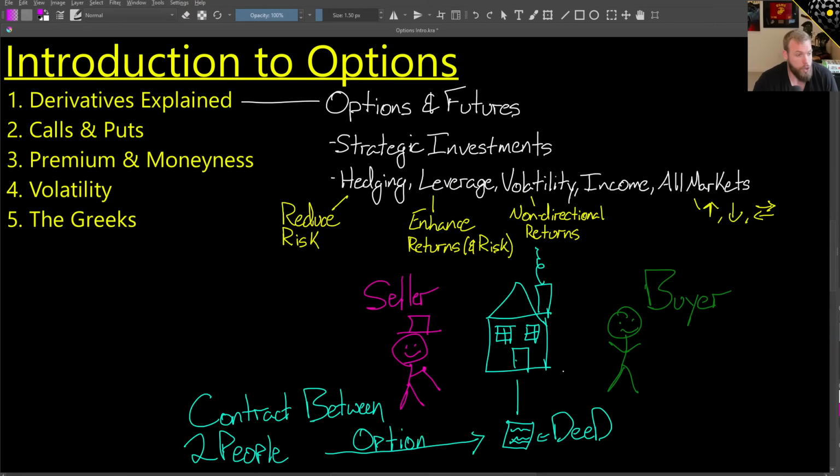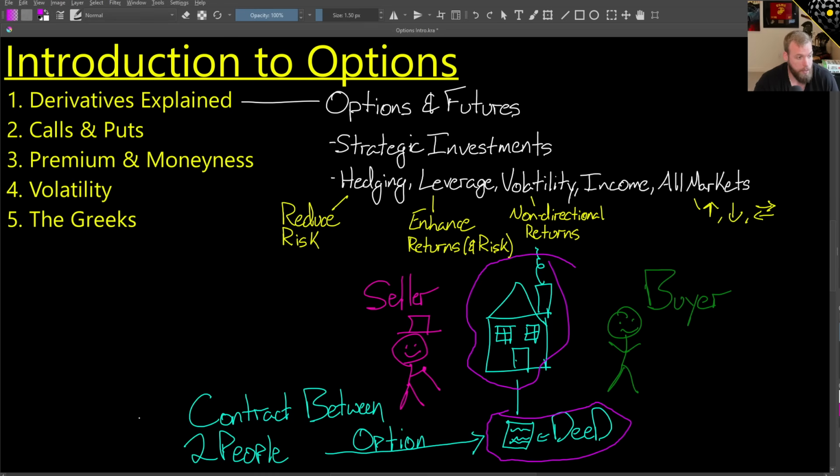So back to that analogy I was referring to before, the deed of a house. In this case, we have a seller who has a sick top hat and a cane, and then we have a buyer over here in green. And the house in this scenario represents the underlying asset. That is the thing that actually holds value. And the deed to a house is kind of like an options contract.